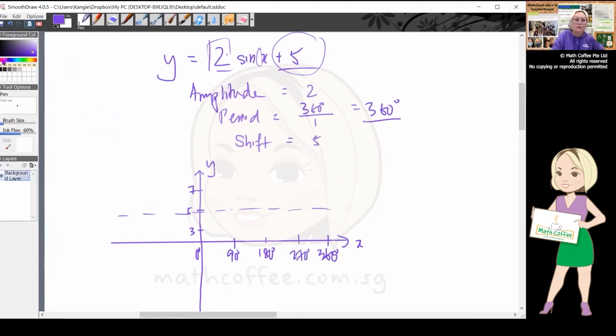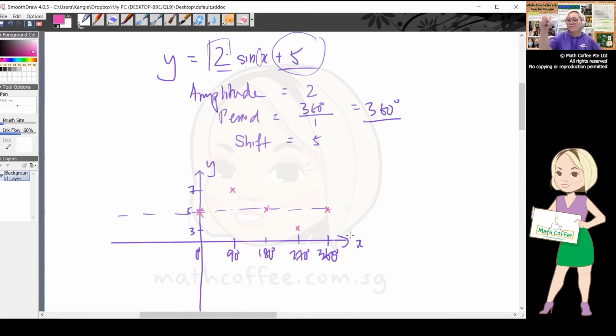Remember just now how we said the 5 critical points, right? This time round, your new x-axis is at the 5 there. So the 0 is at the 5. First point is here. It goes up to maximum at 90 degrees, comes down to 0 at 180, goes to minimum at 270, and goes back to 0 at 360.